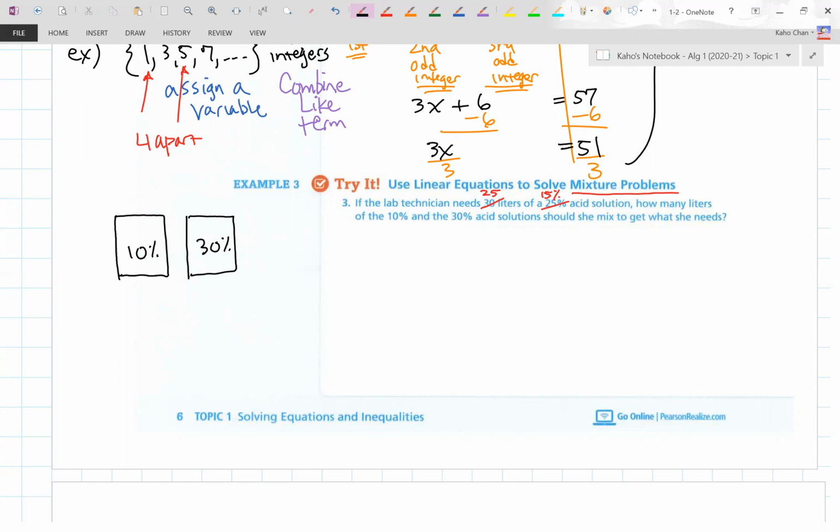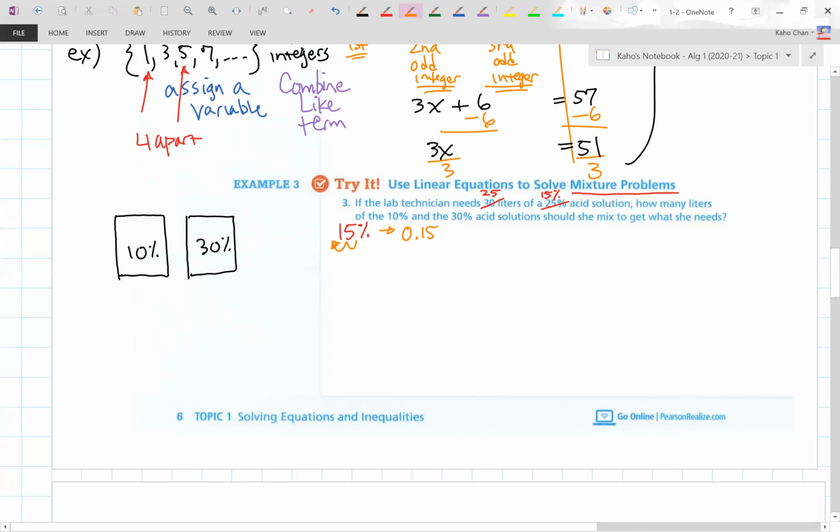So we need to get a 15% solution of 25 liters. Now 15% needs to be converted to a decimal. The traditional way, of course, is to divide by 100 or move the decimal point 2 places. 15% is also known as 0.15.